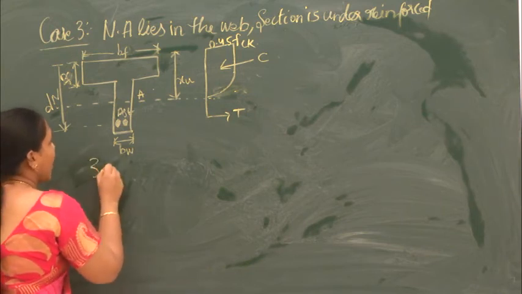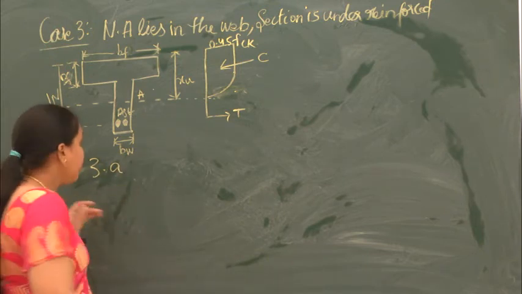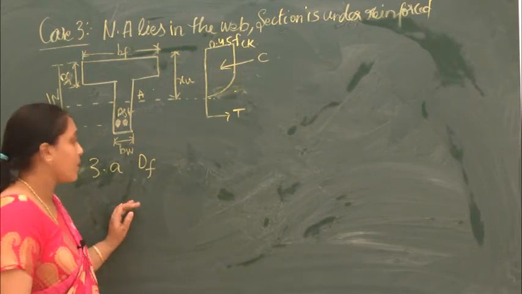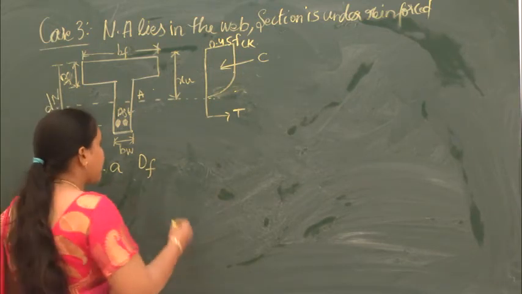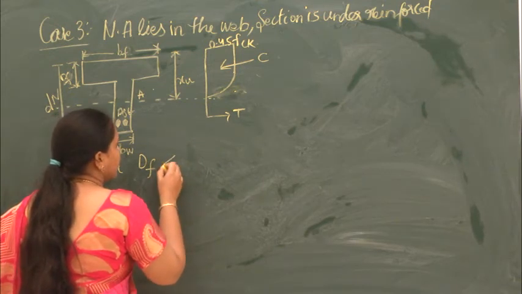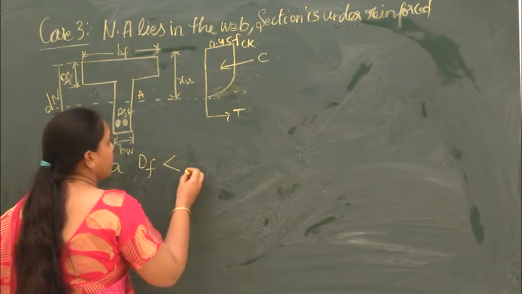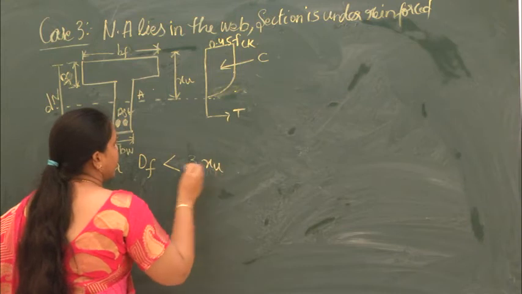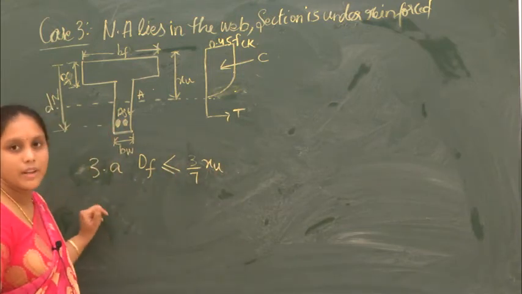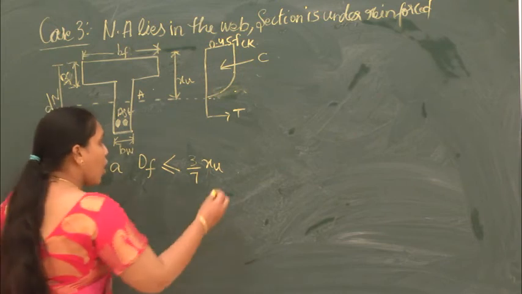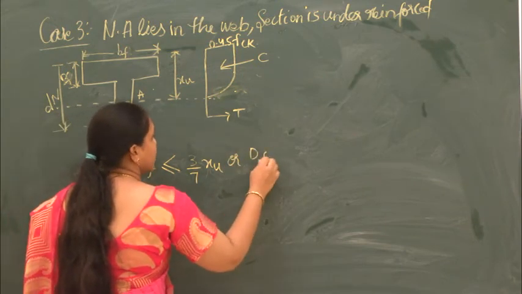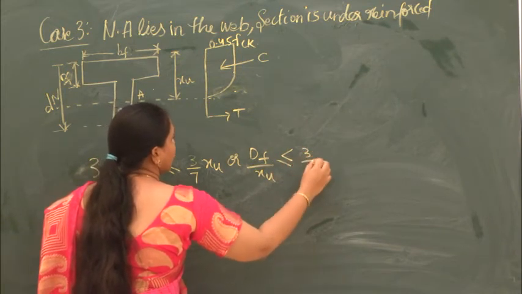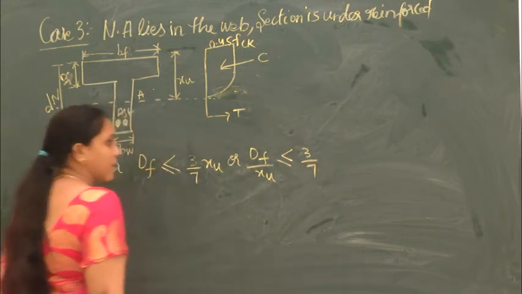Case 1 is if df, that is the thickness of the flange, is less than or equal to 3/7 xu, or you can also write this as df by xu is less than or equal to 3/7.